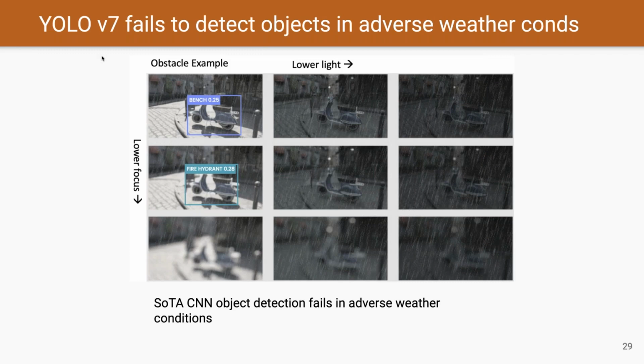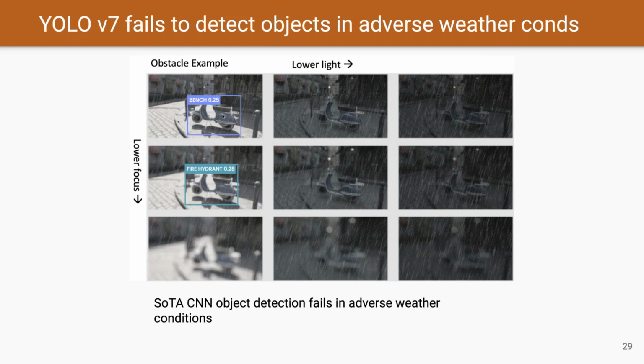So here is YOLO V7. Remember the condition where we generated different lighting conditions. What we then did was simulate rain, adding the rain dynamics into our simulations and re-rendering them. As we added rain into our simulations, you can see that the object, which was correctly identified as a scooter, is now being misidentified as a bench or even as a fire hydrant with 28% probability.